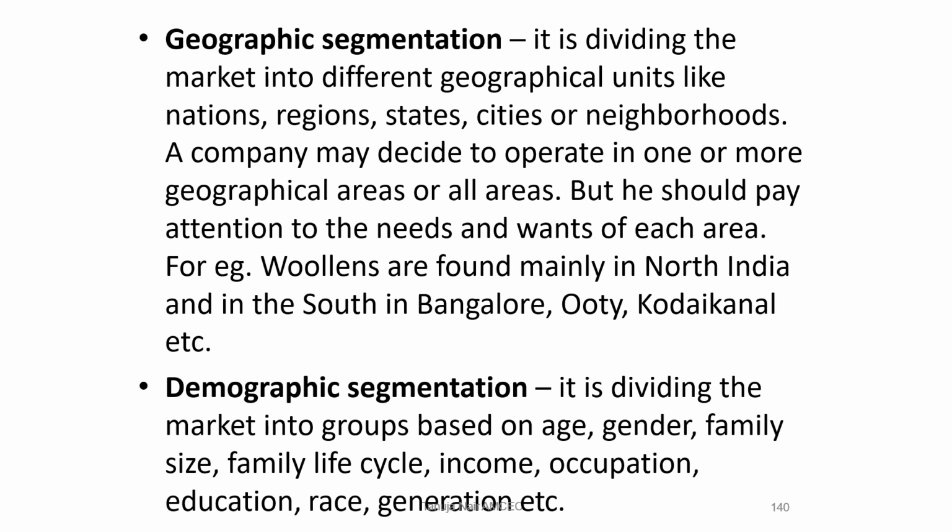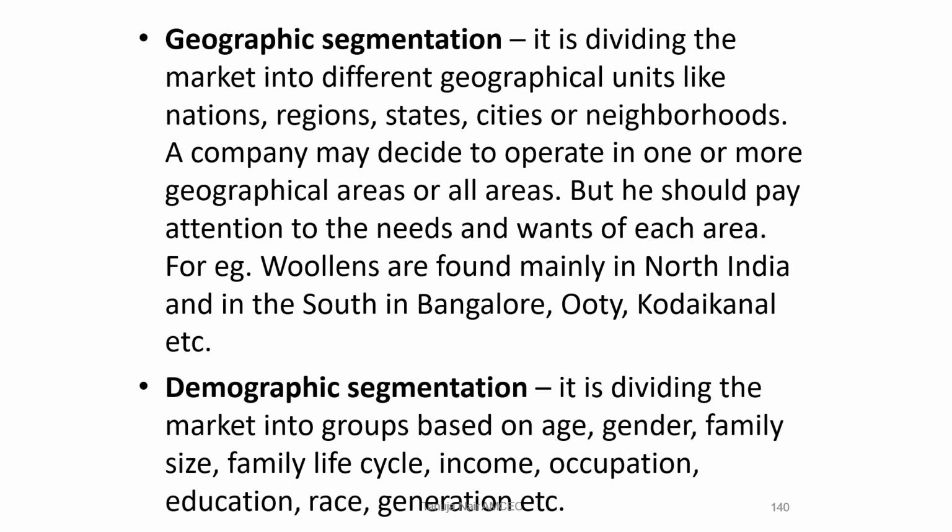So by understanding which stage he is in the family life cycle, the marketer can come to know what kind of products he wants. Like when you are young and single, you want trendy and fashionable products. As a kid you want toys and such kind of things. Newly married, you require things for the house.